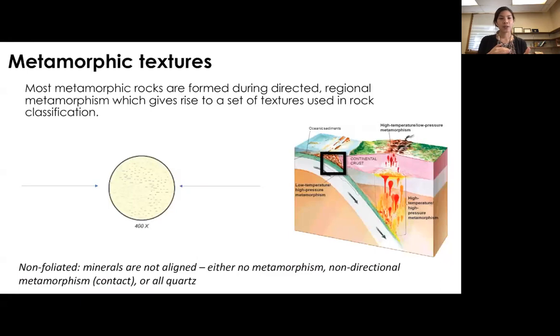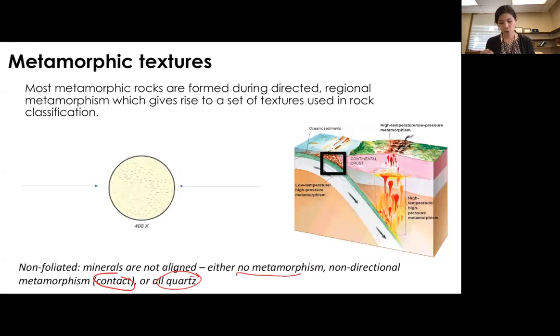So when we start out, we have non-foliated rocks. In these rocks, the minerals are not aligned. So this either means there's been no metamorphism yet, or the metamorphism has been non-directional, such as contact. The other exception here is that all of the minerals are quartz.